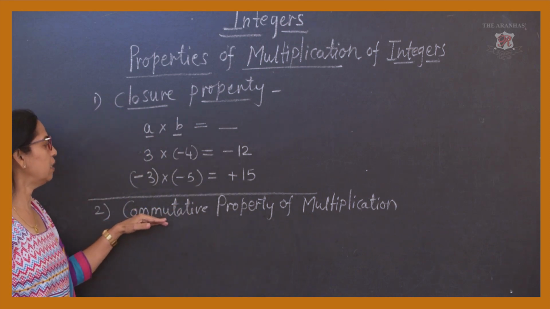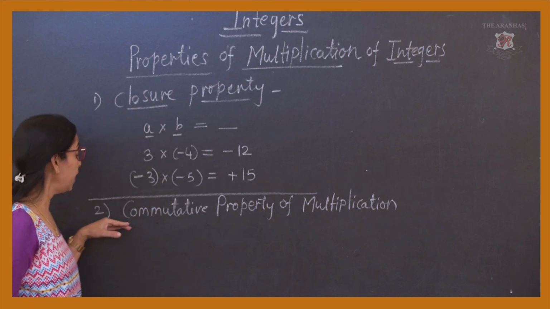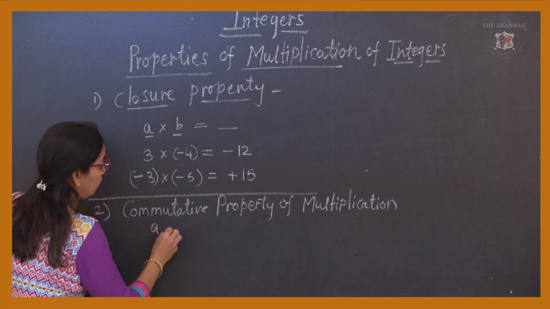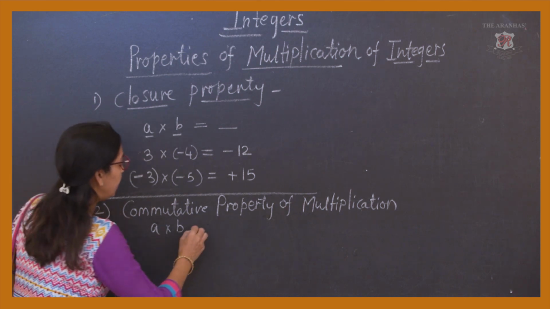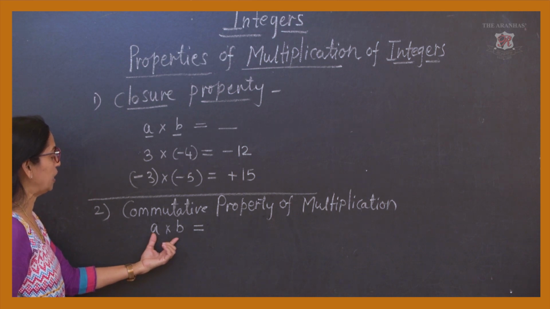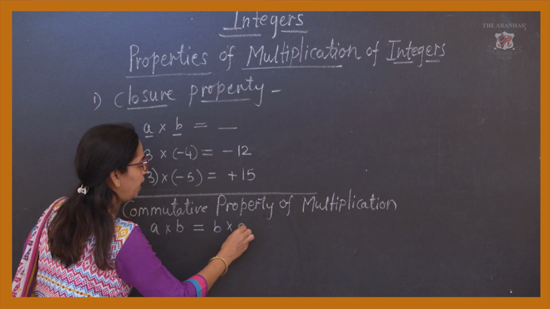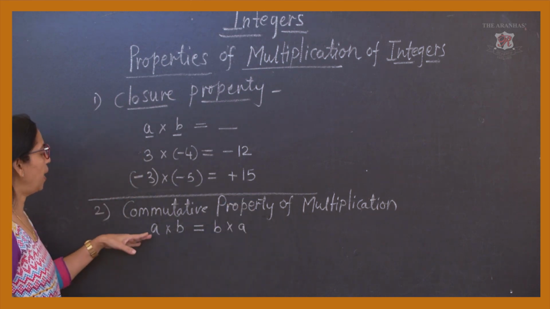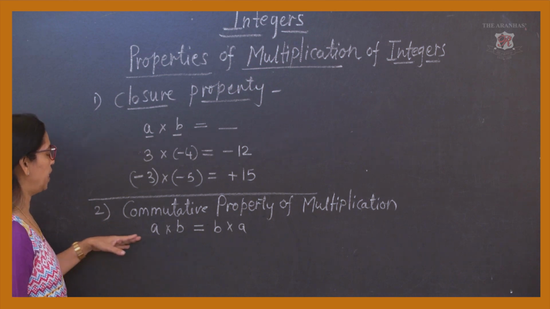Now, by studying the commutative property of multiplication, we are going to see that the multiplication of any two integers, suppose here we are taking two integers a and b, gives b into a. So by example also we can confirm this property.